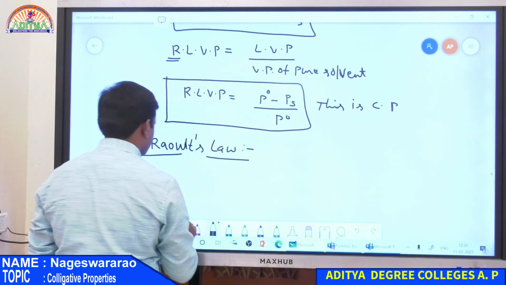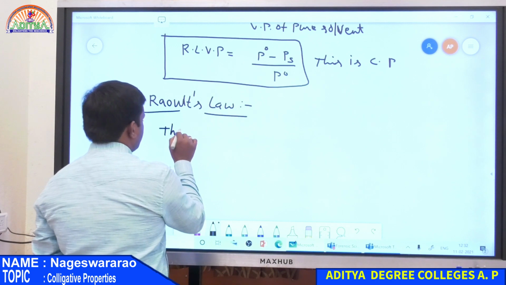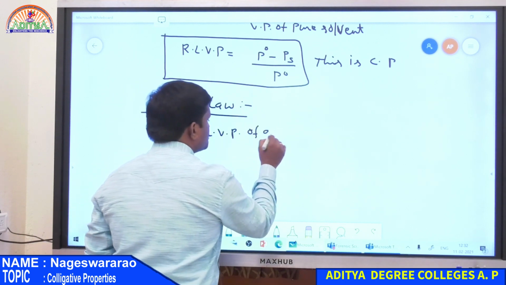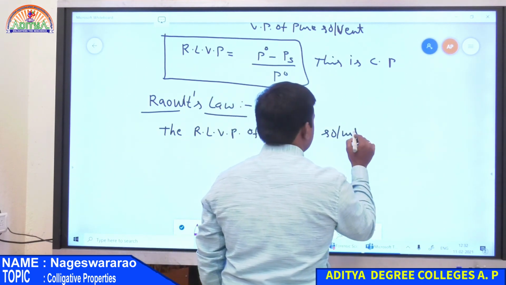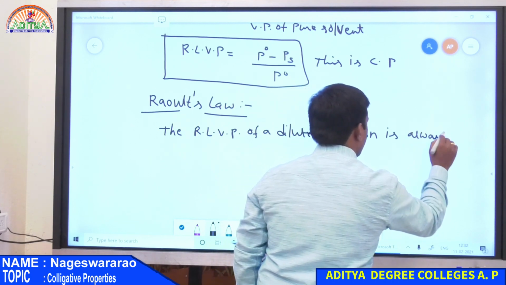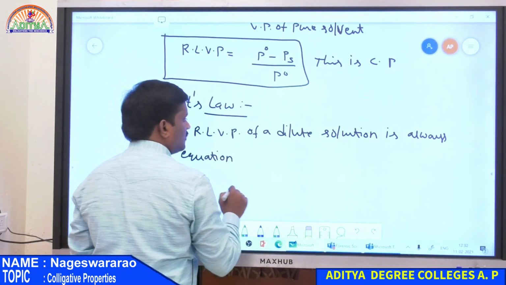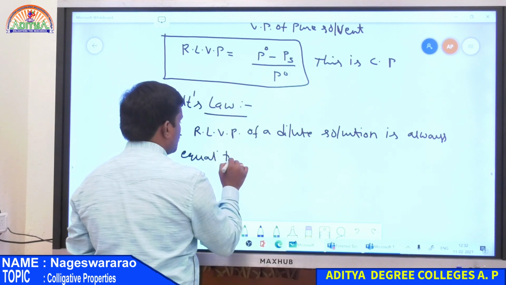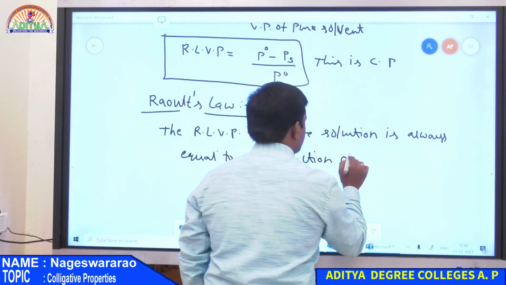So what is Raoult's law? According to Raoult's law, the relative lowering of vapor pressure of a dilute solution is always equal to the mole fraction of the solute.